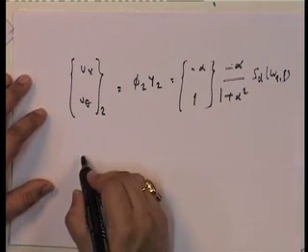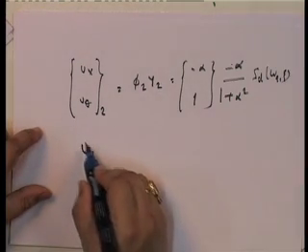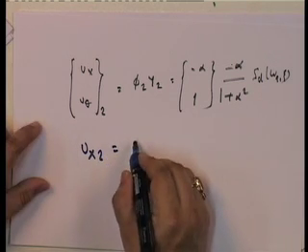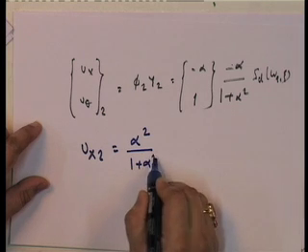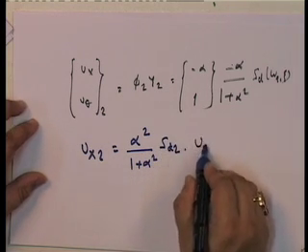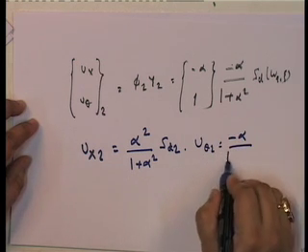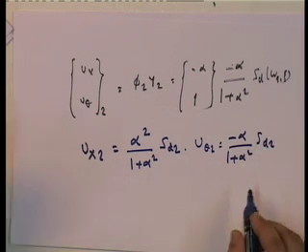So, V x 2 is equal to alpha squared upon 1 plus alpha squared into S d 2, whereas V theta 2 is equal to minus alpha into 1 plus alpha squared S d 2.